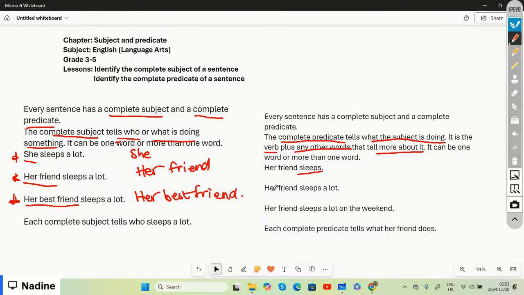The next one says, her friend sleeps a lot.